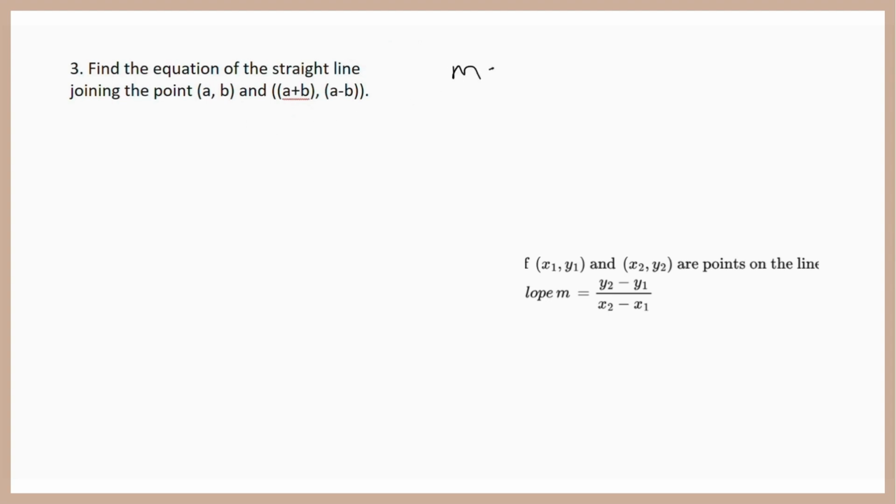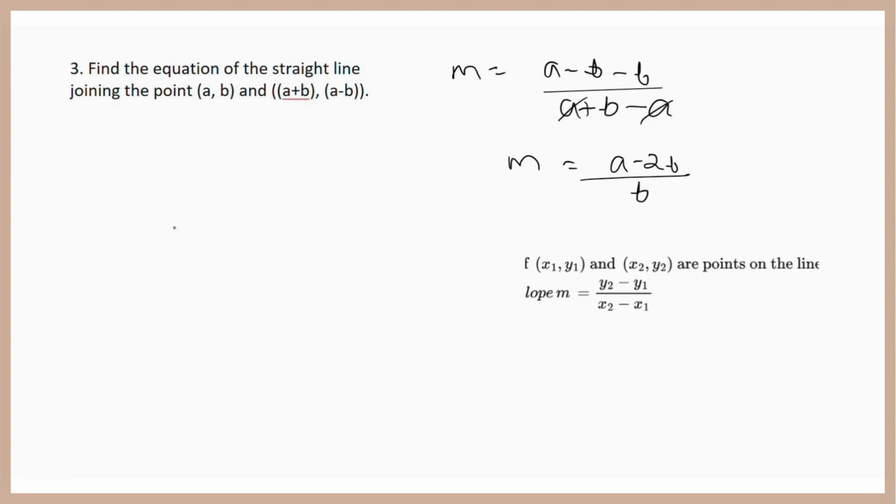So let's find m, that is y2 minus y1, where y2 is a minus b and y1 is b. So it's a minus 2b over x2 minus x1. Well, x2 is a plus b minus x1, which is a. So on simplifying, a and a get cancelled in the denominator, so it is a minus 2b divided by b.